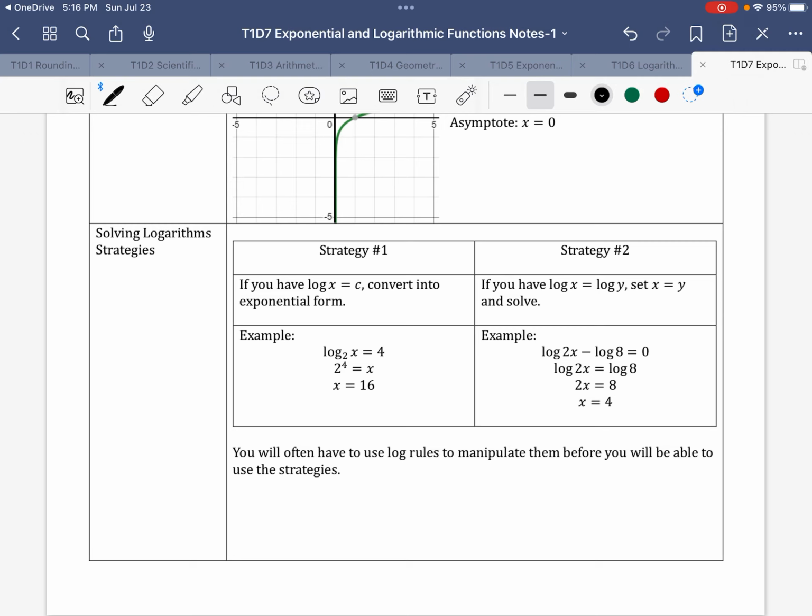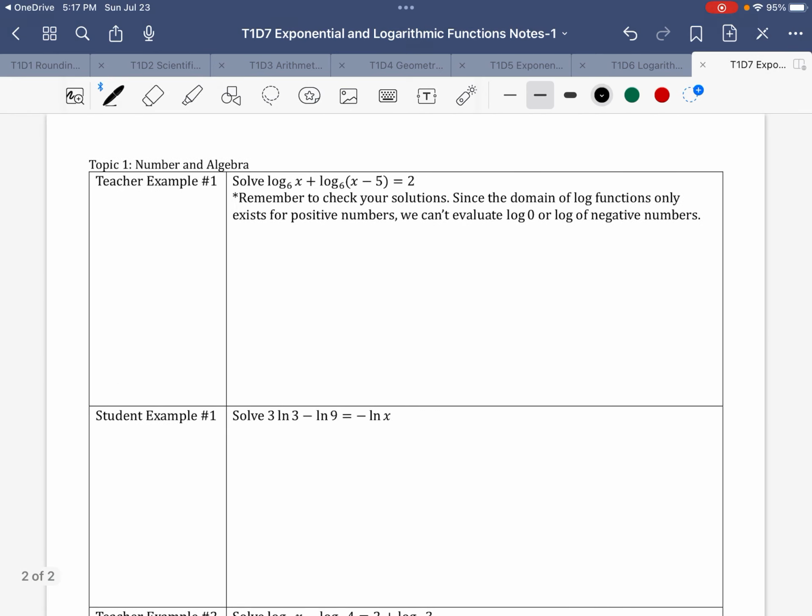Your second strategy is if you have log of x equal to log of y, you can set x equal to y and then solve. You'll often have to use your logarithm rules to manipulate before you get it into one of these two strategies. So you're going to have to do some guessing and checking and some practice until you start to develop an intuition.